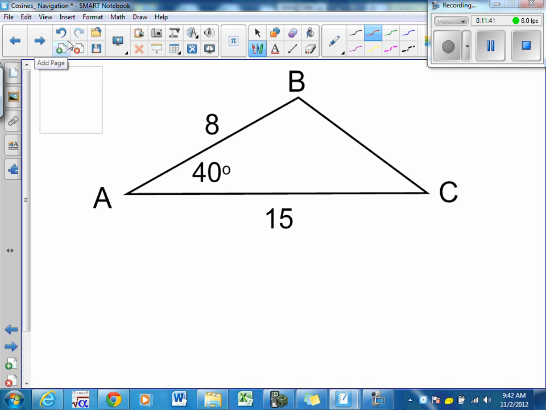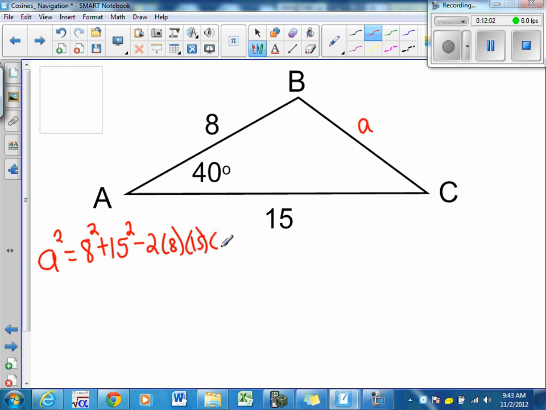All right, let's try this one. Let's go through it. We want to find side A. So if I go through this, I have A squared equals 8 squared plus 15 squared minus 2 times 8 times 15 times cosine of 40 degrees.